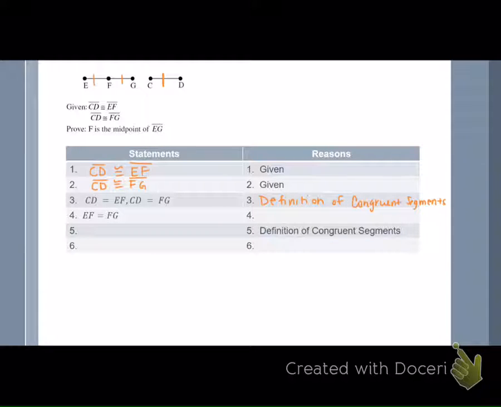So if they're both equal to CD, then they're both equal to each other by what property? You could use transitive because they both have that middle piece, or what is the other one you could use? Symmetric just means the same thing as flipped. Substitution is a replacement. So you can use transitive or substitution. I really don't care which one you use.